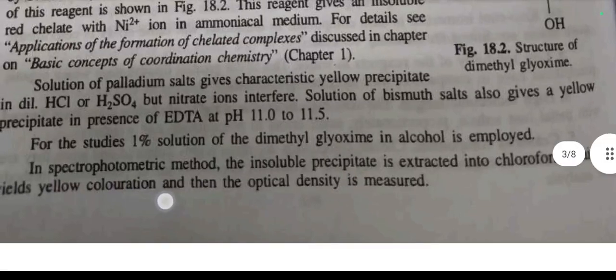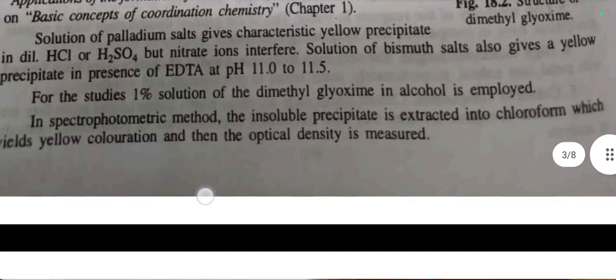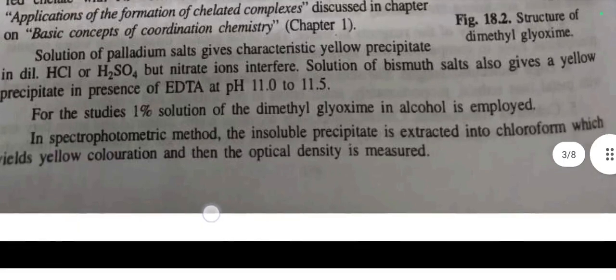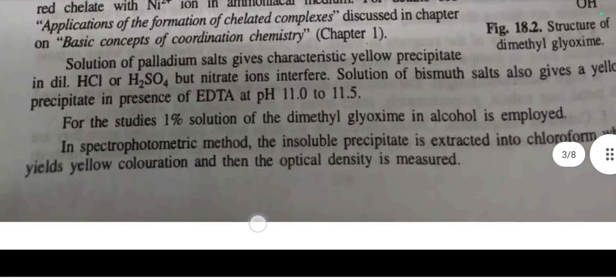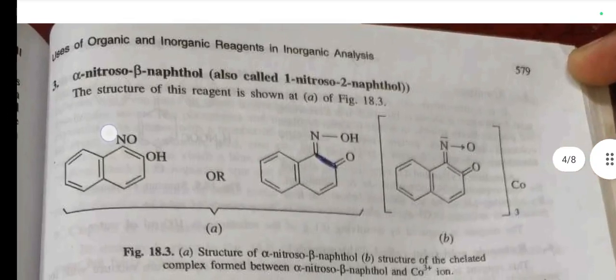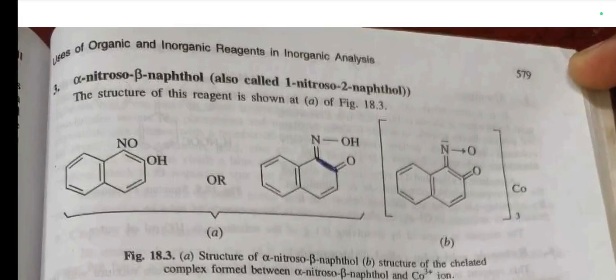In spectrophotometric method, the insoluble precipitate is extracted into chloroform, which yields yellow coloration, and then the optical density is measured. Third, alpha-nitroso beta-naphthol, also called 1-nitroso 2-naphthol. The structure of this reagent is shown at A of figure.